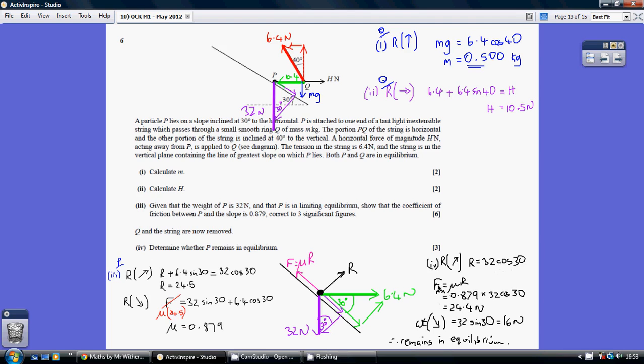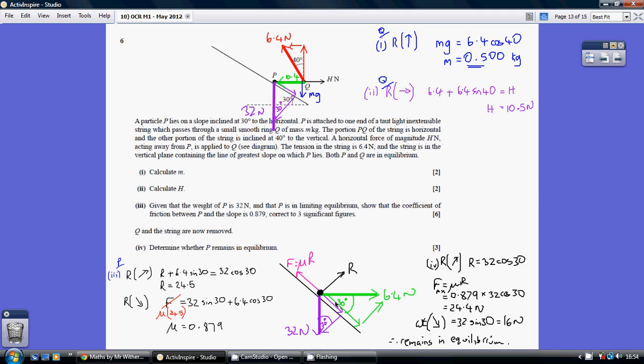Now our maximum friction is our coefficient of friction times R, so 0.879 times 32 cos 30, which is 24.4 newtons. So that's our maximum available friction if we need it. Now the weight down the slope, obviously this green's all gone, so our only force down the slope is this purple component of the 32 newtons.